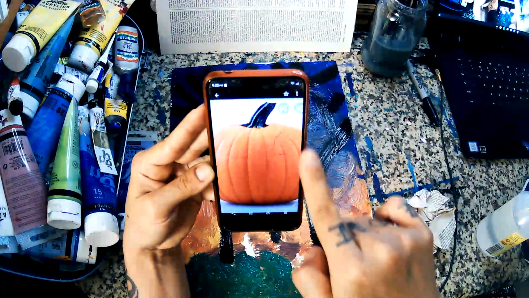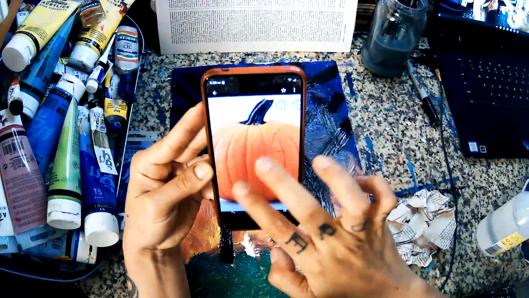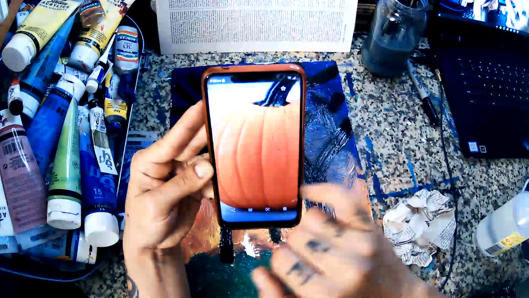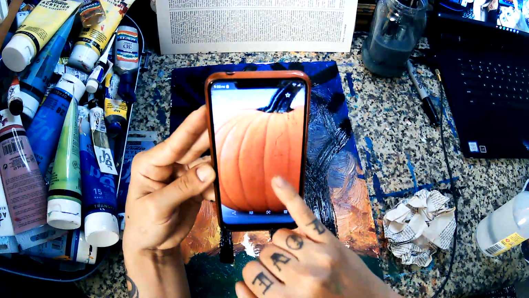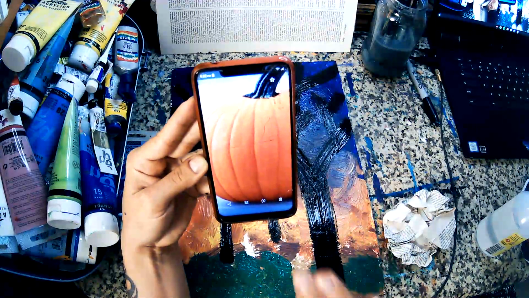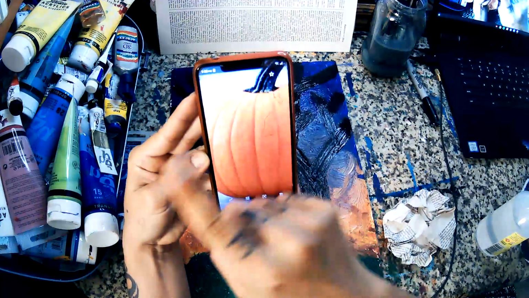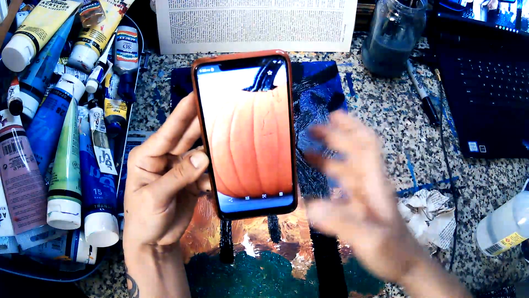It is an orange pumpkin. And look at that texture. It has a little bit of texture. And these little lines are going inwards. So it's like bumpy. It's bumpy. Point, point, point. Okay?